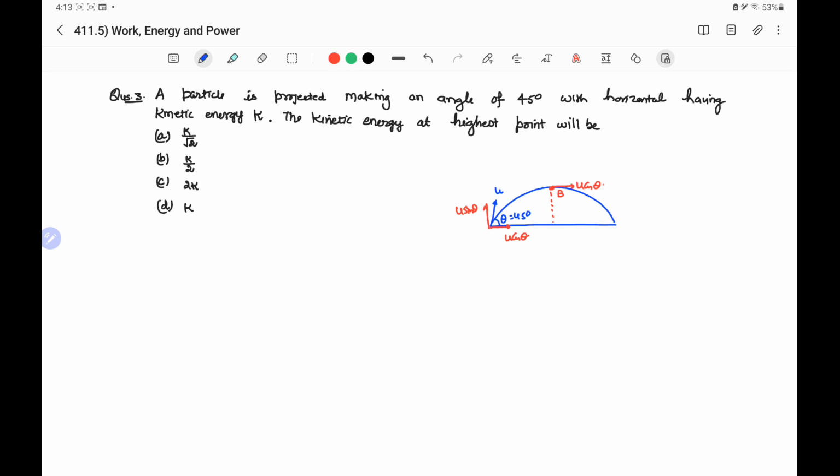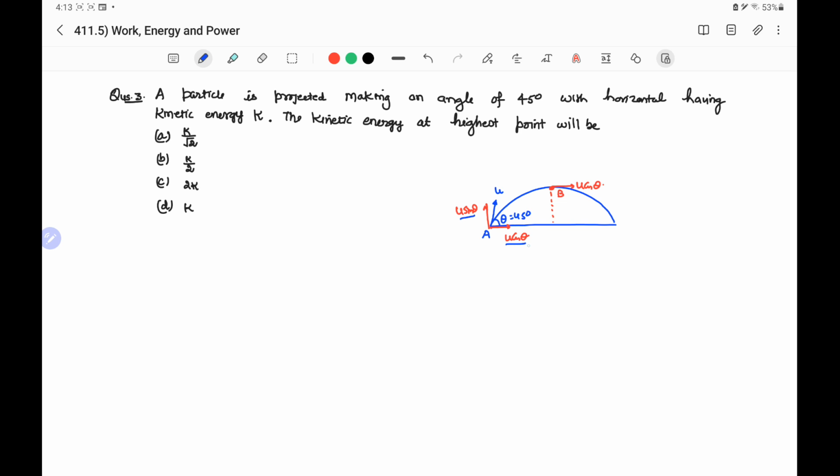Third question is, a particle is projected making an angle of 45 degree with horizontal, having the kinetic energy K. The kinetic energy at highest point will be. Initially, particle is projected from the point A with the speed u at an angle theta, which is 45 degree with the horizontal. We resolve this velocity in two perpendicular components. Horizontal component is u cos theta and vertical component is u sin theta.